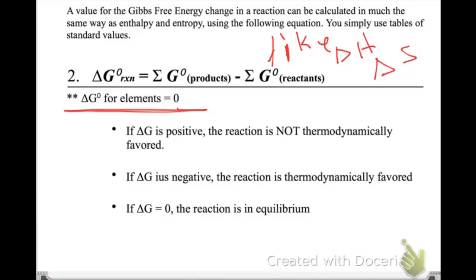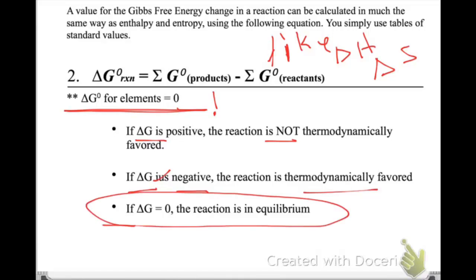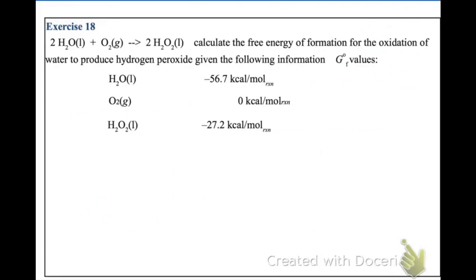If delta G is positive, the reaction is not thermodynamically favored. If it is negative, it is thermodynamically favored. And if it is 0, it means that you are at thermal equilibrium. And if you are at equilibrium, your K is also equal to 1. Hopefully you remember that. Alrighty, so let's take a look at some problems.